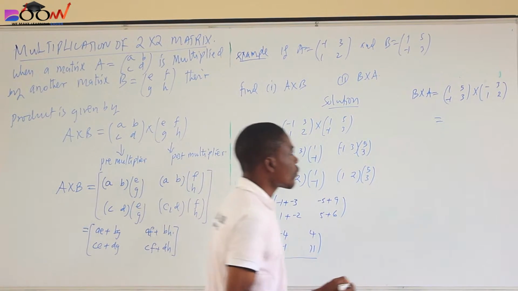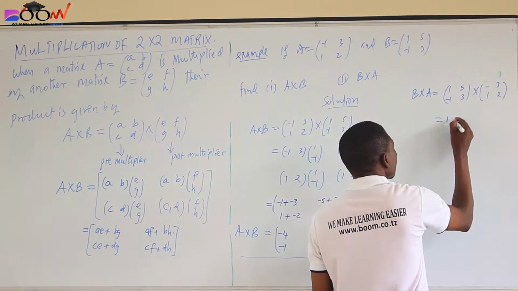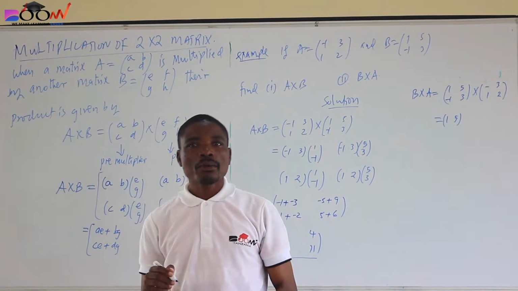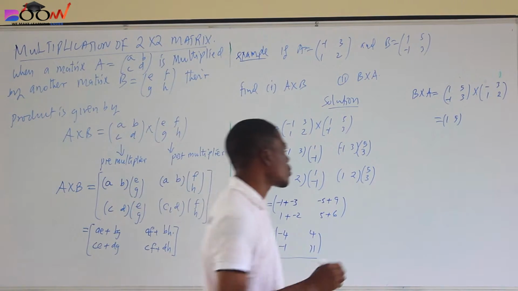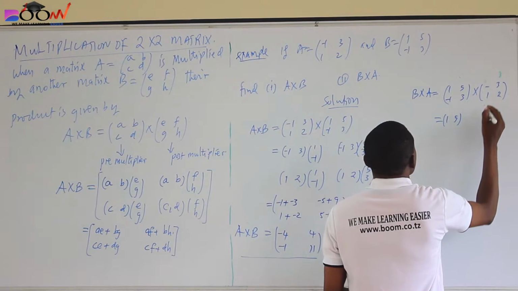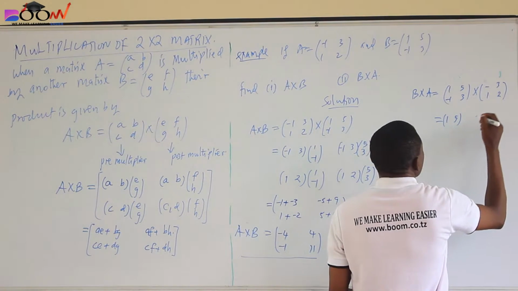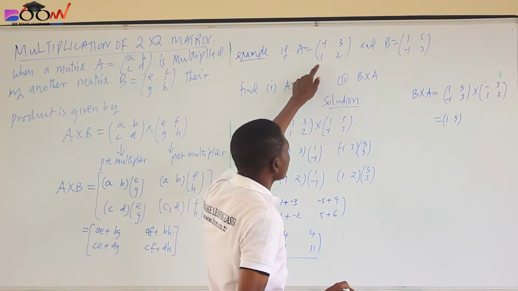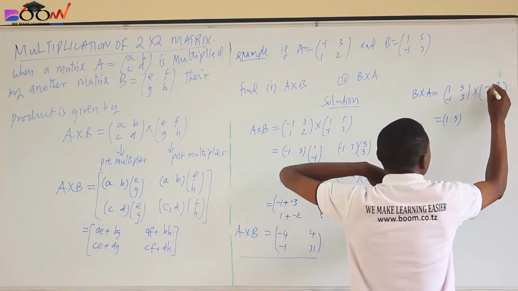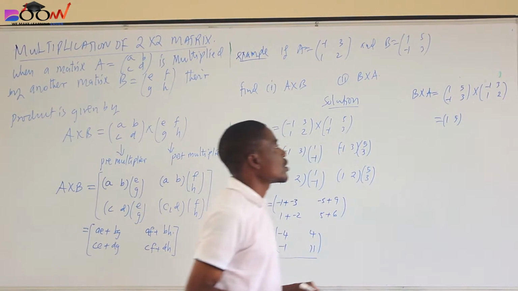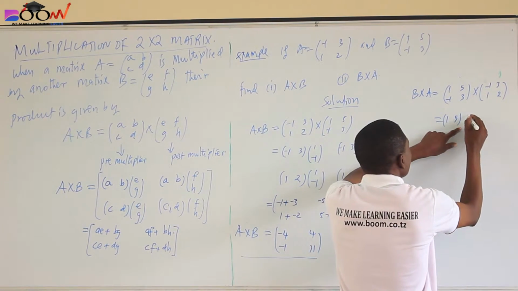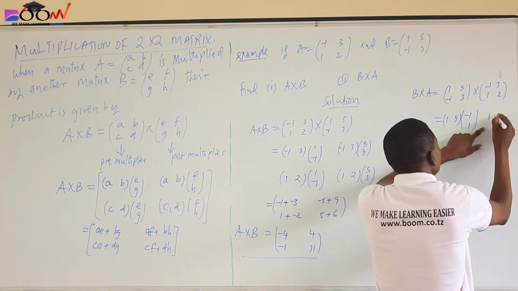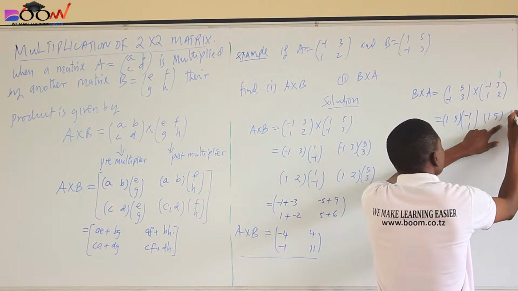The first row, I've got 1 and 5. You multiply by all columns in positive multipliers. So it is going to be multiplied by matrix A, which has negative 1, 1, and again 1, 5 will be multiplied by 3 and 2.